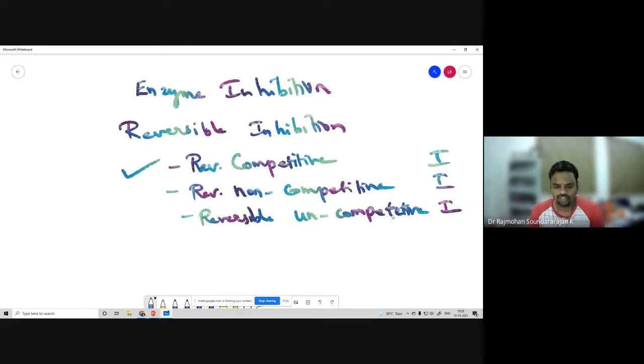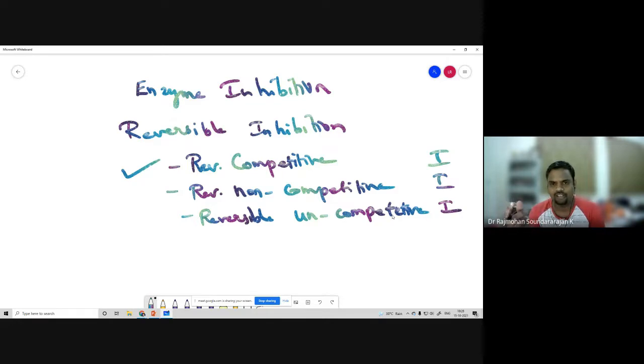What is this? In this inhibition, the inhibitor closely binds with the real substrate, and it is considered a substrate analog. So it competes with the substrate, as I explained earlier with the slide.